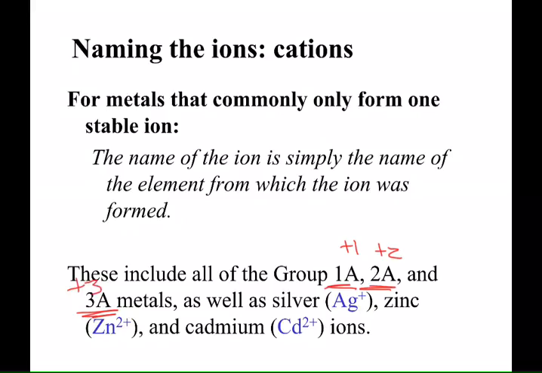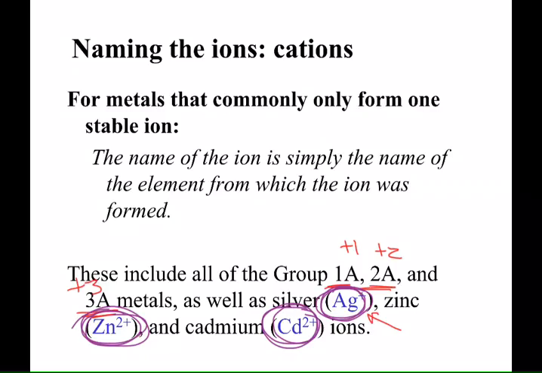They're actually, and I call them kind of embedded, there are actually 3 transition metals: silver, cadmium, and zinc. And if you have a periodic table handy, I would find silver, cadmium, and zinc on the periodic table. They are actually transition metals, and they only form one cationic form also.